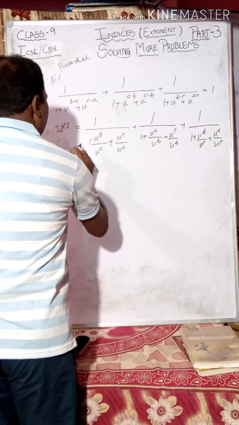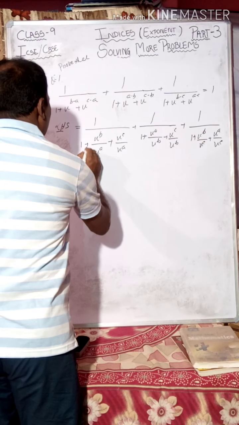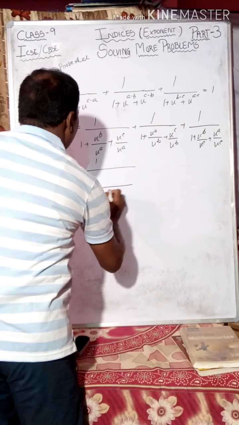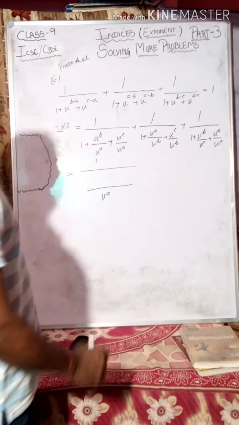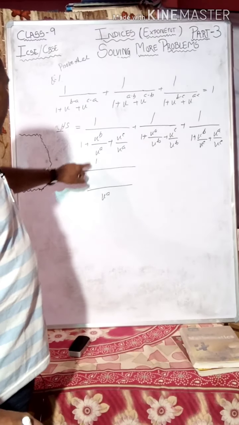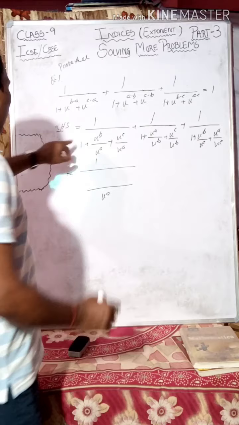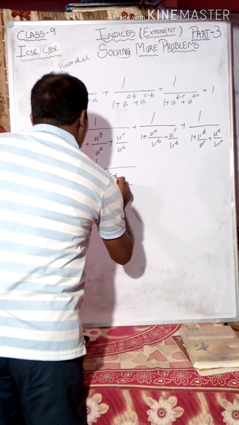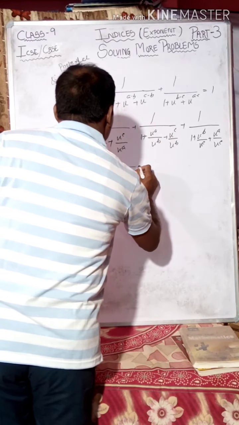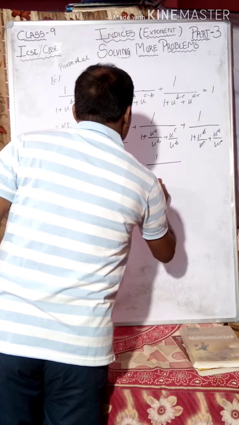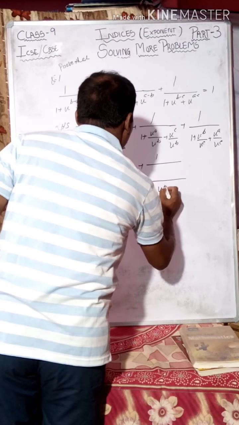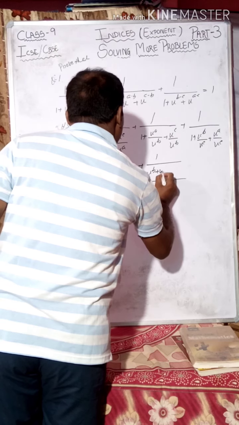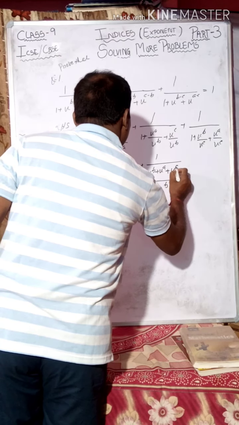So this is 1 plus, taking the LCM x to the power a, x to the power a plus x to the power b plus x to the power c, upon x to the power a. Likewise, 1 upon LCM x to the power b: x to the power b plus x to the power a plus x to the power c.